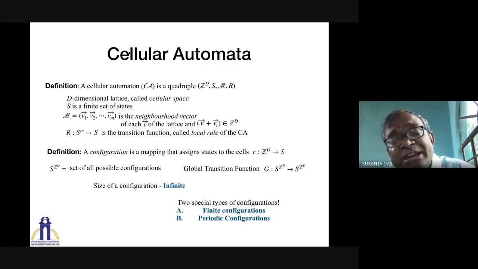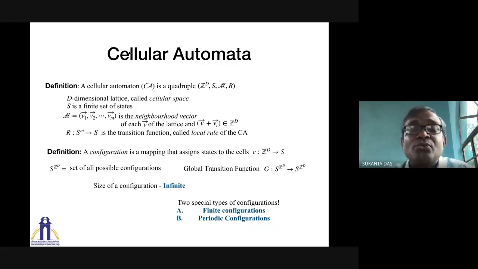Why are we interested in these kinds of configurations? See, one thing we understand: a configuration is infinite. Theoretically, I can assign any state to any cell. So practically, if you want to simulate something, it is really difficult to deal with an infinite configuration, right?